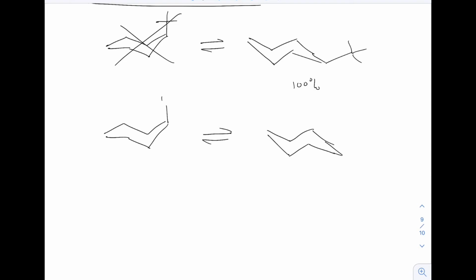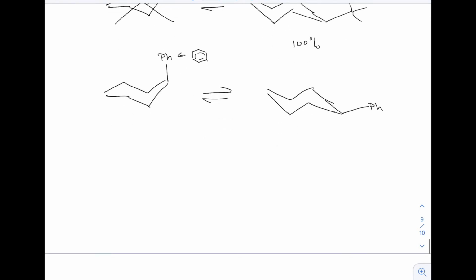Well, the reason, not just because we say so, is Gibbs free energy and the calculations we can do with the equations. So let's say we have a phenyl group in the axial and equatorial position. That's pretty big, right? We don't know how big that is relative to a chicken foot. But let's say we were given an energy difference of negative 12.1 kilojoules per mole for that axial to equatorial.